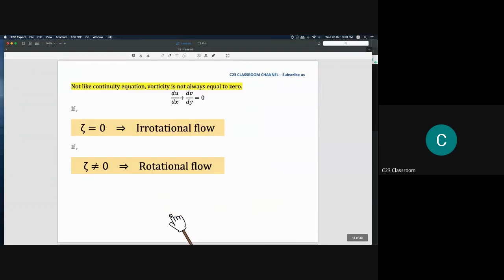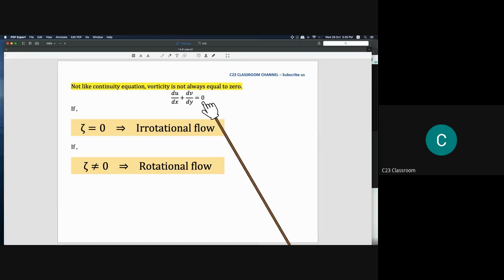Because we could determine the behavior of molecules that flow in a certain fluid flow. Because in the continuity equation, we need to have it equal to 0, because we need to make sure that the mass is conserved. So the conservation of mass must be fulfilled. If not, your equation cannot be used.